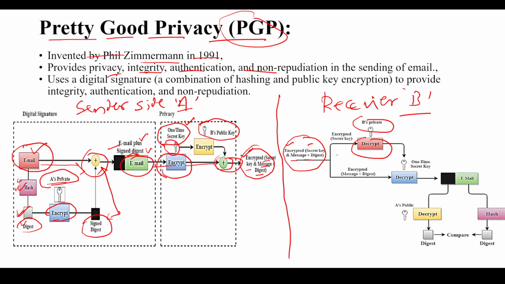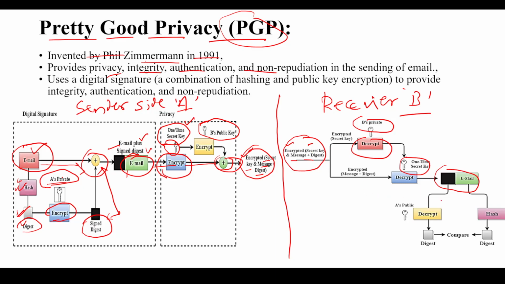And parallelly, that encrypted message plus digest we are decrypting with the one-time secret key, and then finally we are getting the email. So whatever activities we did on the sender side, we just have to reverse them.